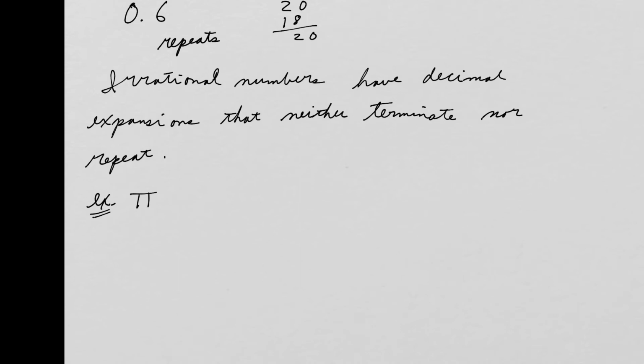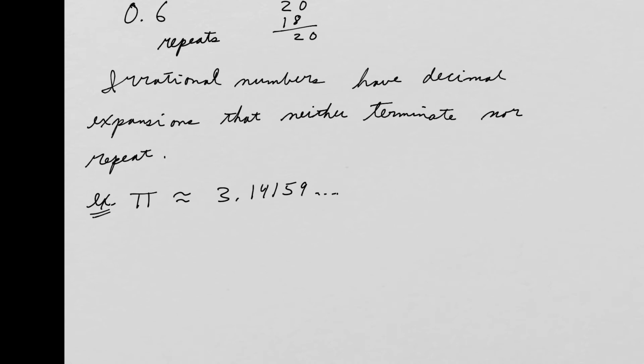And we know it's approximately equal to 3.14159, etc., dot, dot, dot. But it turns out that if you do the expansion out, it never ends. So it never terminates, and it never repeats. So pi would be an example of an irrational number.